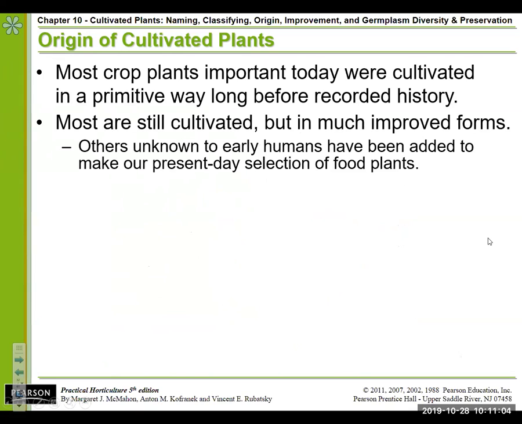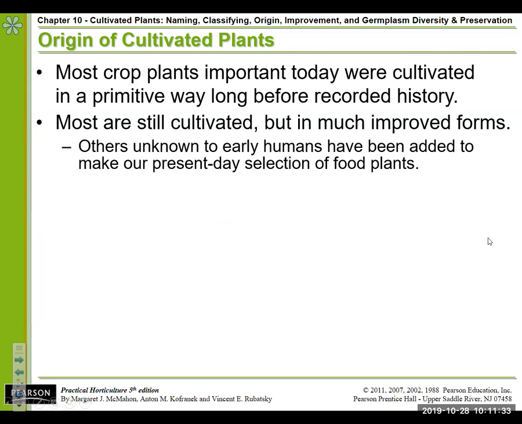So in terms of the cultivated plants and crops, we kind of mentioned this on several occasions here, but early on, before written history, we changed our way of interacting with the land, from being hunters and gatherers to actually settling down and developing agriculture. And we started to cultivate plants.